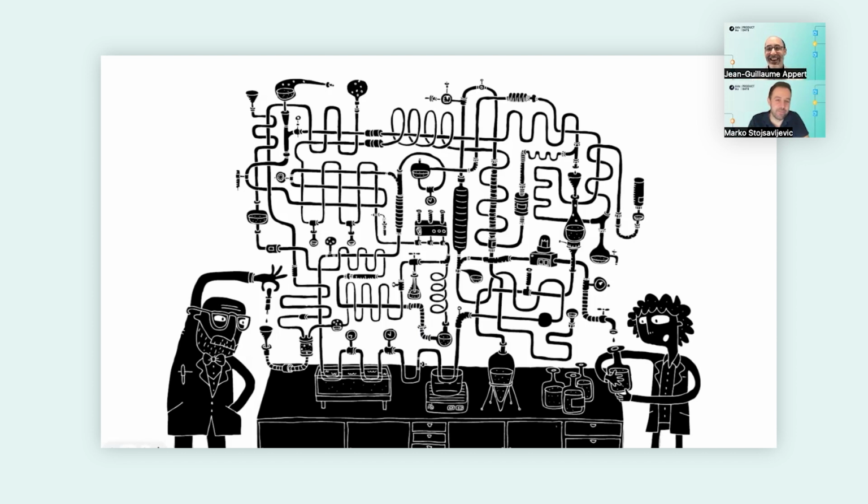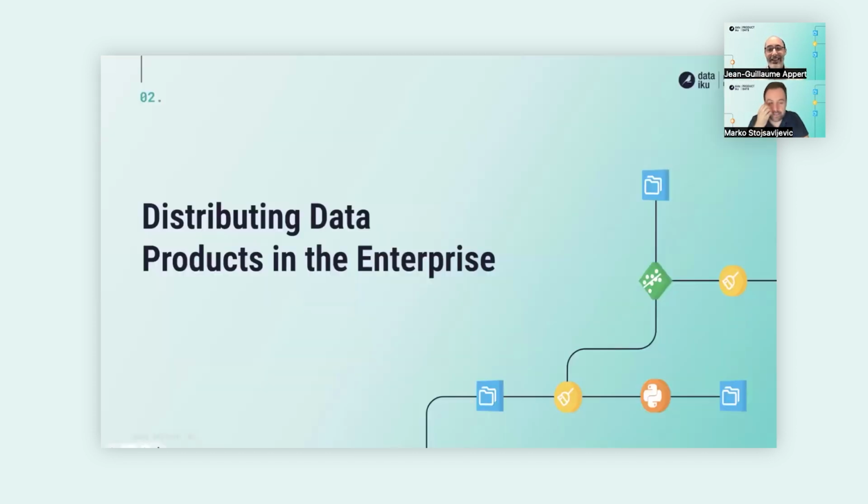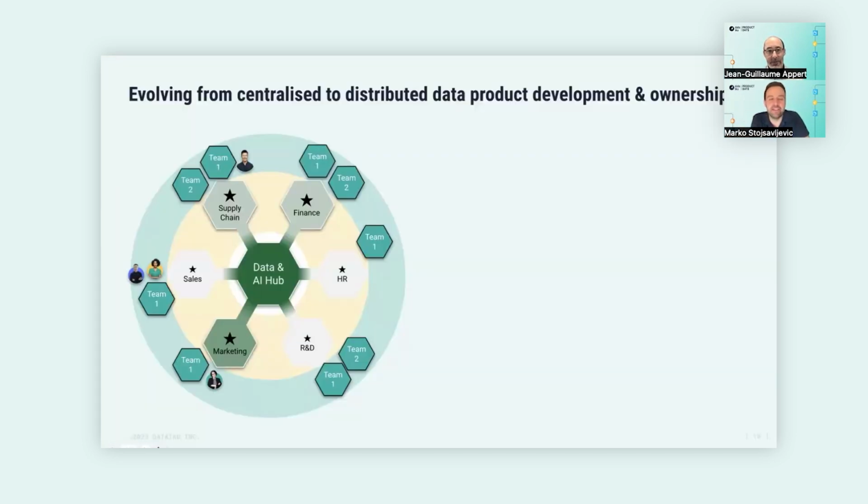Yeah, very good. It's a common situation, right? So let's talk about distributing data products in that definition that we've used, specifically to counter some of those challenges that you've mentioned. Let's talk about operating models for a second. If we consider our central teams, the small bubble you had on your diagram, Jean-Guillaume, that's the data and AI hub.